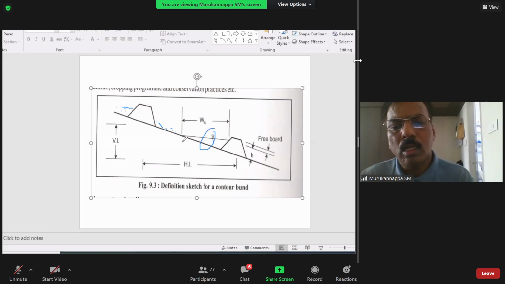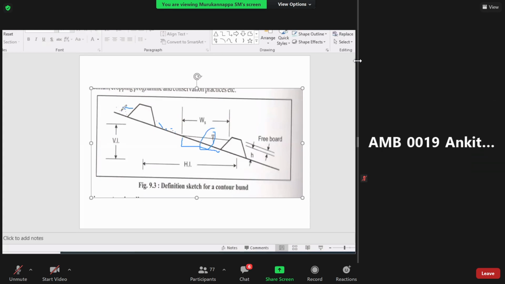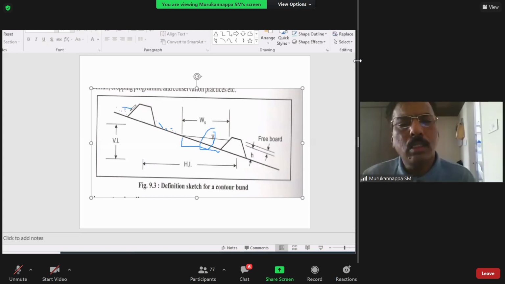This area is saturated. Okay, it is clear. And whatever water is stored here will seep into this area, and the water is to be distributed. Okay, is it clear? Erase better, clear all the lines.